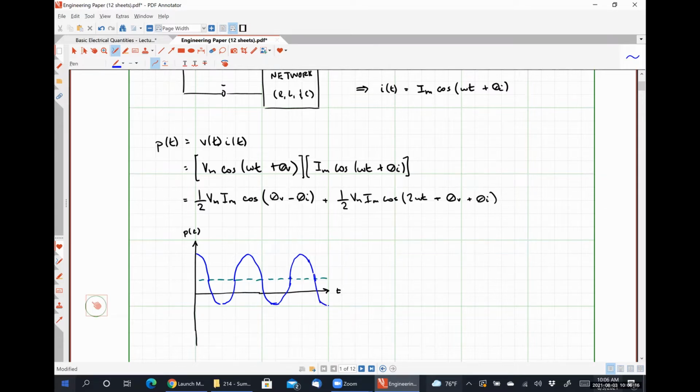Which is just a sinusoidally varying signal, but it has some associated offset power.